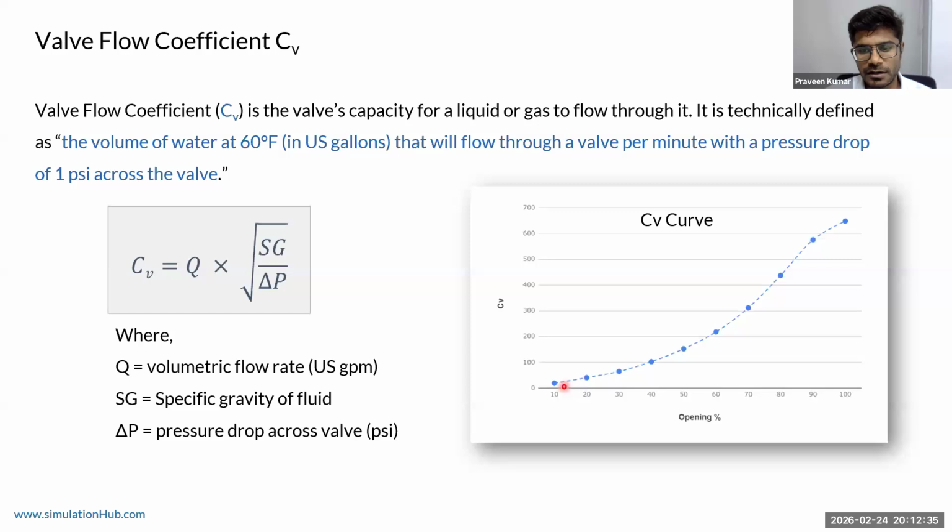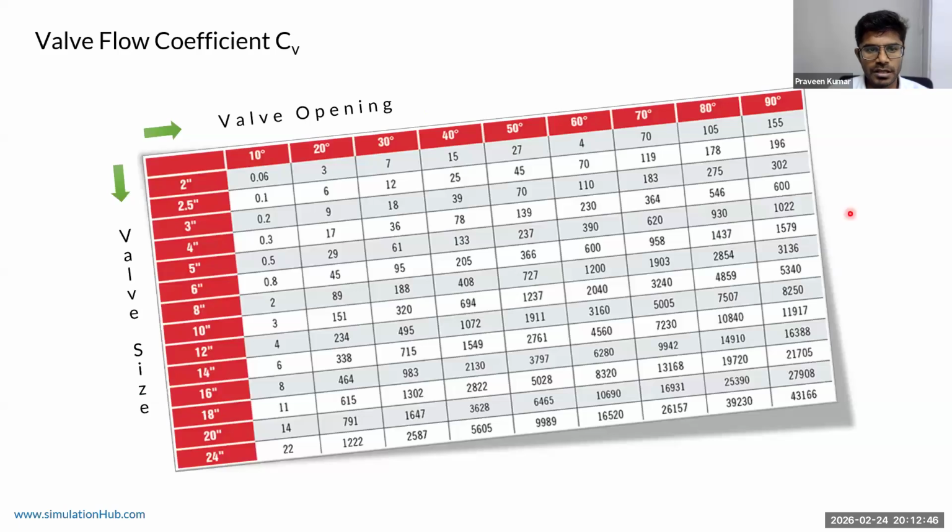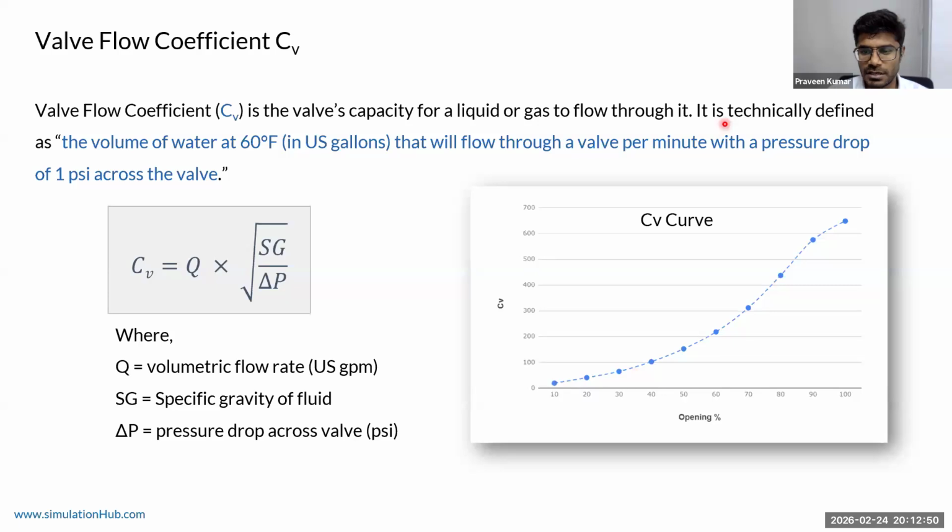It is calculated for every angle of opening from fully closed to fully open. The complete CV curve looks like this for one valve size. This table I was showing, for each and every valve size you'll have a complete individual curve.